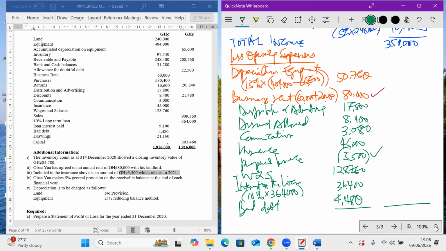From the depreciation, equipment, we add: 760, 80,000, 17,800, 8,400, 30,80, 45,000, 5,500, 128,760, 36,400, 4,480. The total is 369,180.